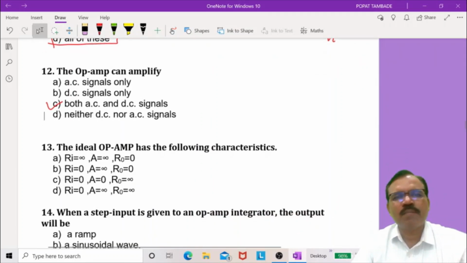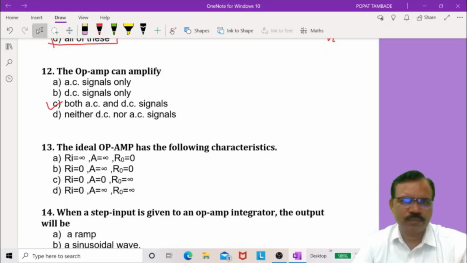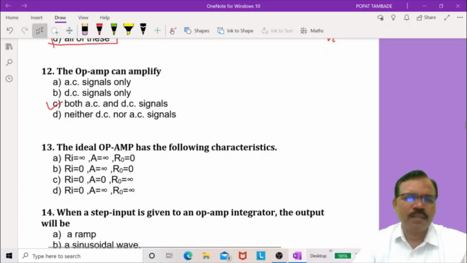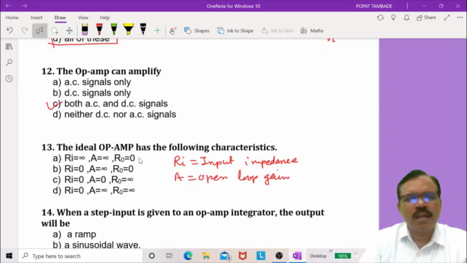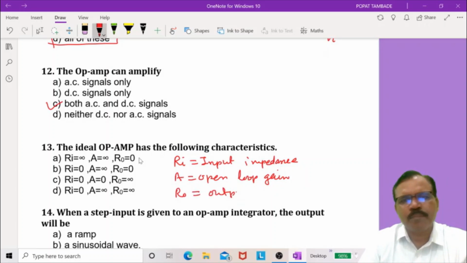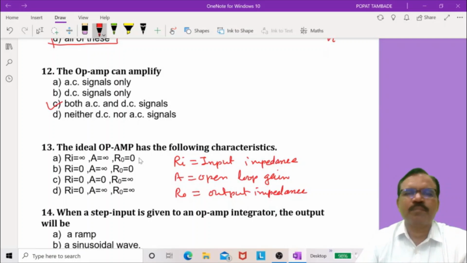The ideal op-amp has the following characteristics. Ri infinity, A infinity, R0 0. Ri is the input impedance, A is the open loop gain, and Ro is the output impedance.